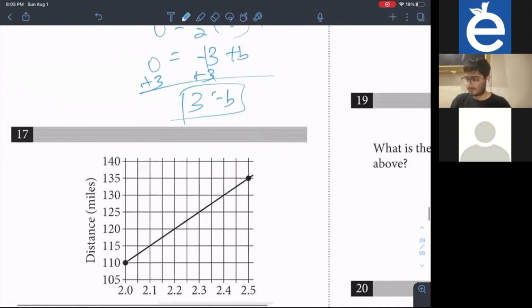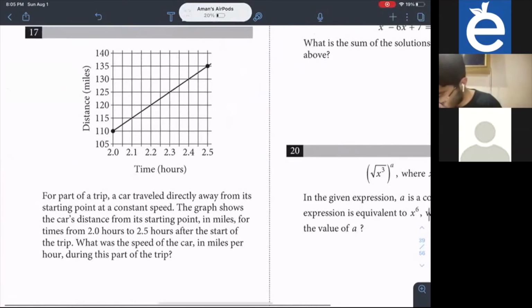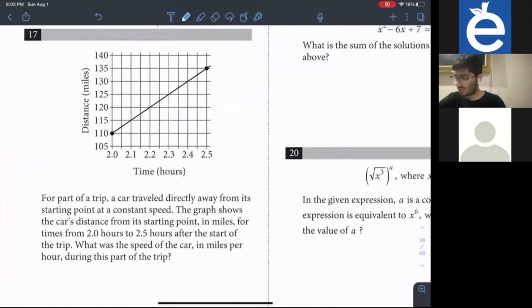Question 17. For a trip, a car traveled directly away from its starting point at a constant speed. The graph shows the car's distance from its starting point in miles for times 2 hours to 2.5 hours after the start of the trip. What was the speed of the car in miles per hour during this part of the trip? It's asking from 2 hours to 2.5.